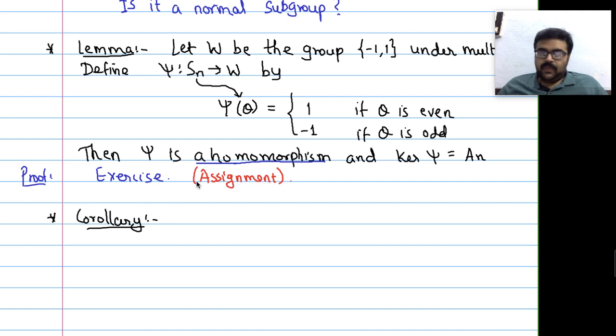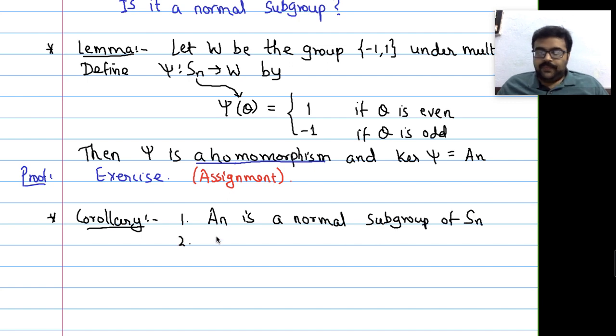First thing, we have An is a normal subgroup of Sn, and second, order of An equals order of Sn upon 2, which is nothing but n factorial by 2.